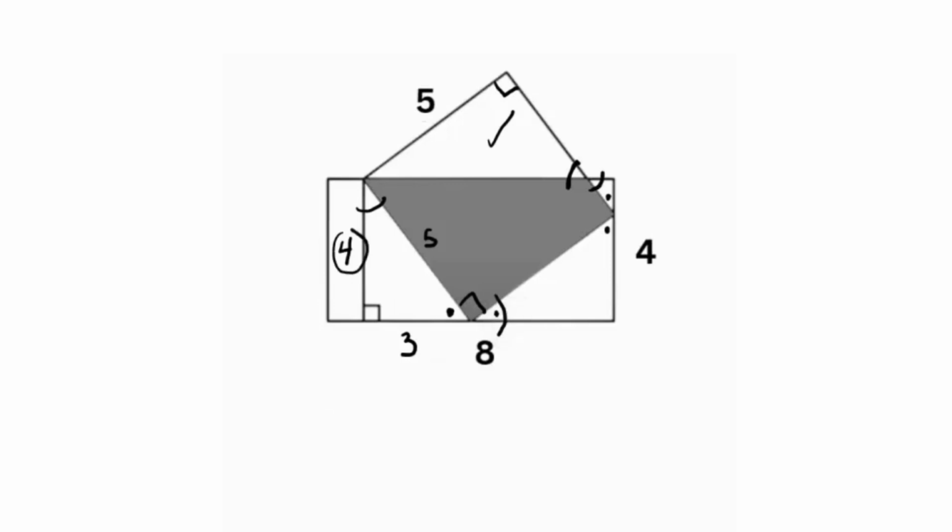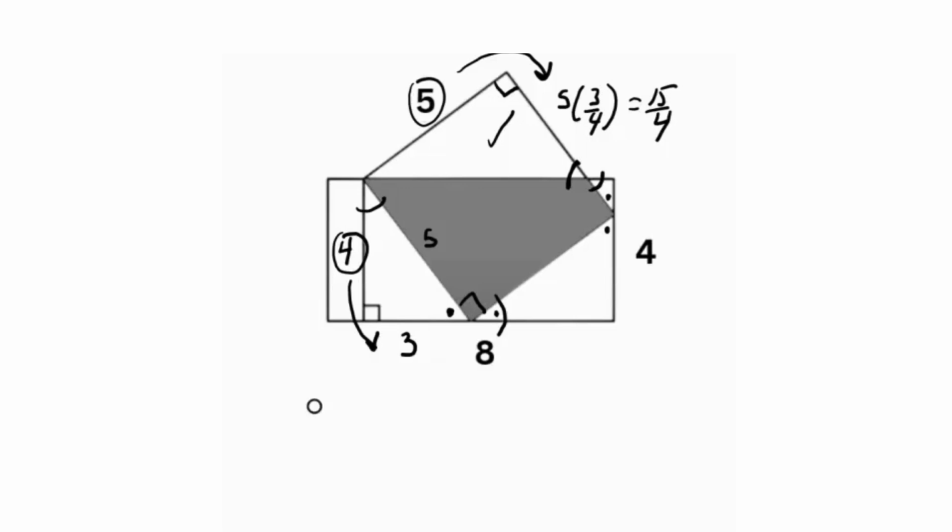So the ratio from here to here, that's 3/4. So that means if I go from this leg to this leg, it's going to have to be 5 times 3/4, which gives us 15/4.